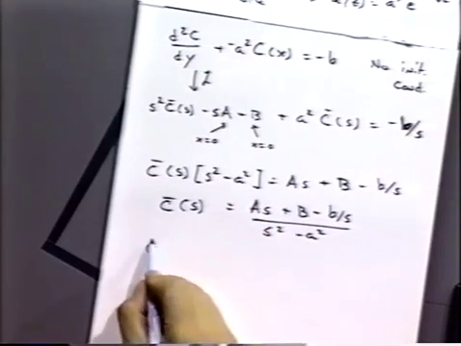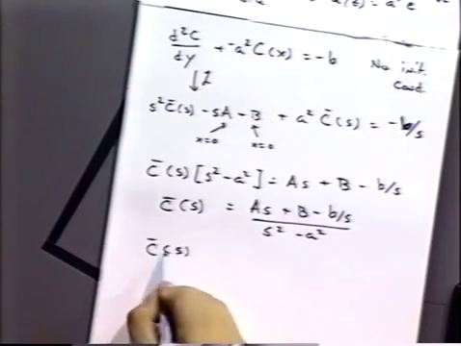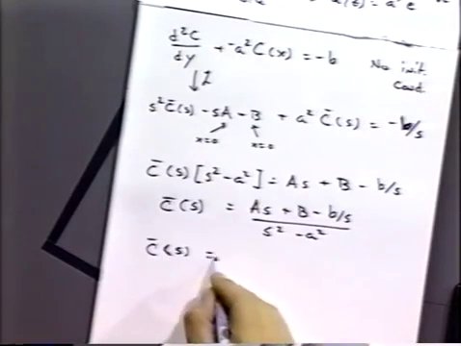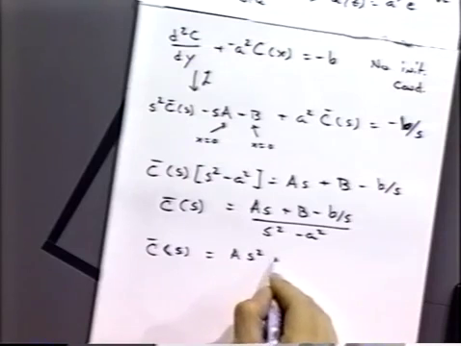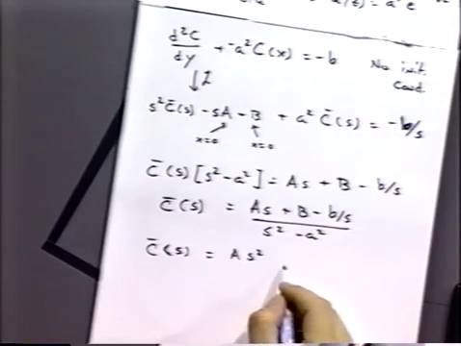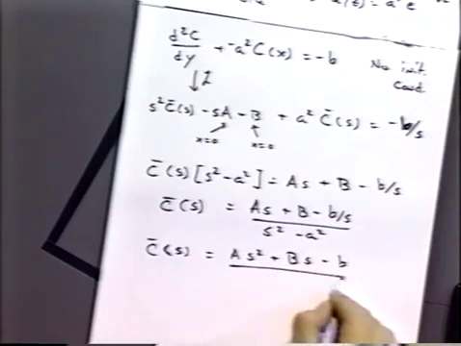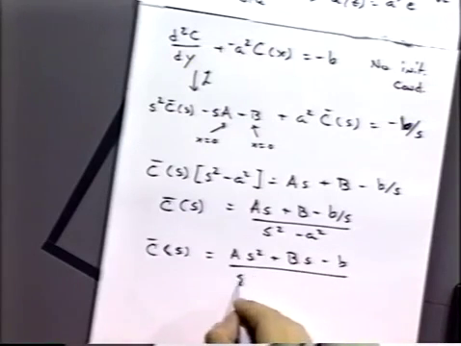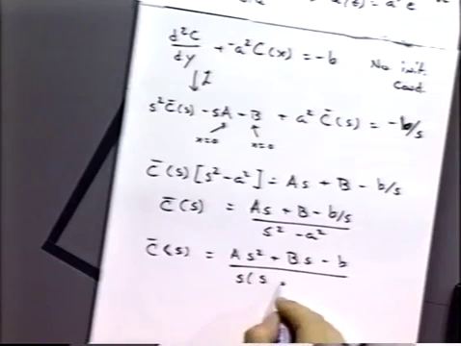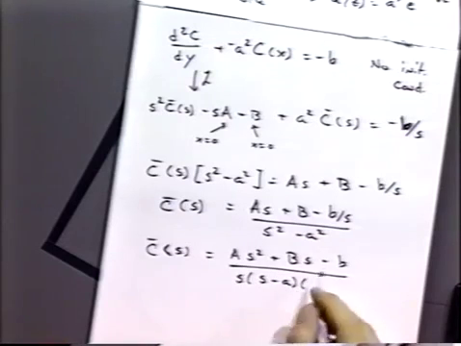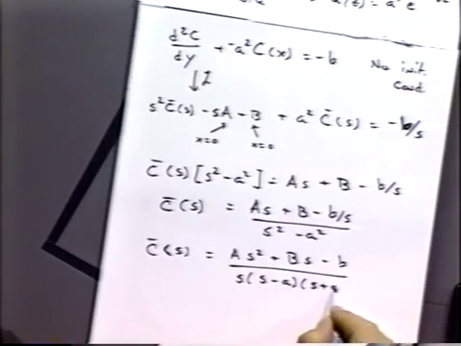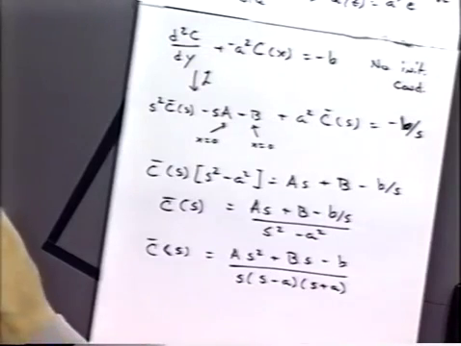Redoing our algebra a little bit, we can see the following is true. Multiplying by s, and we can extract the following form of that equation.